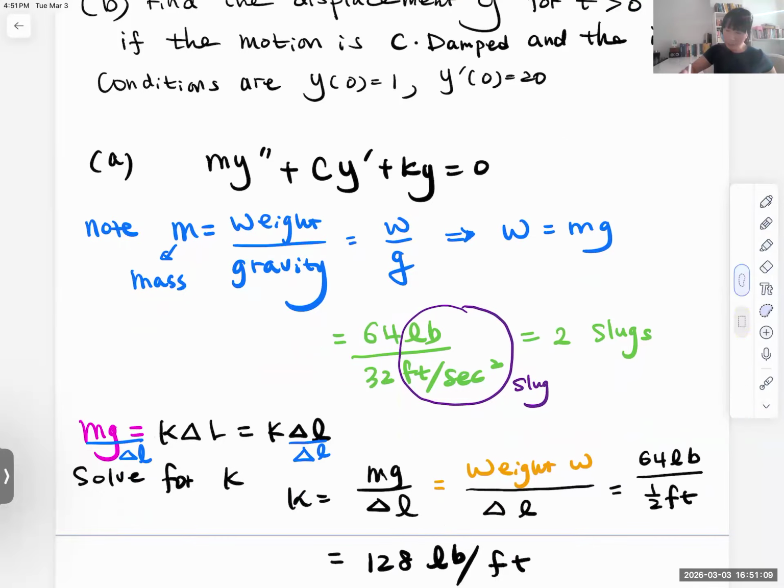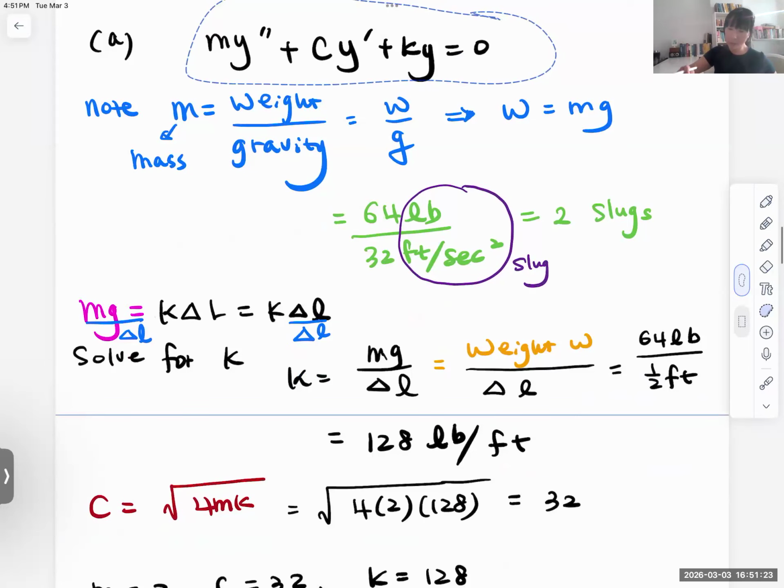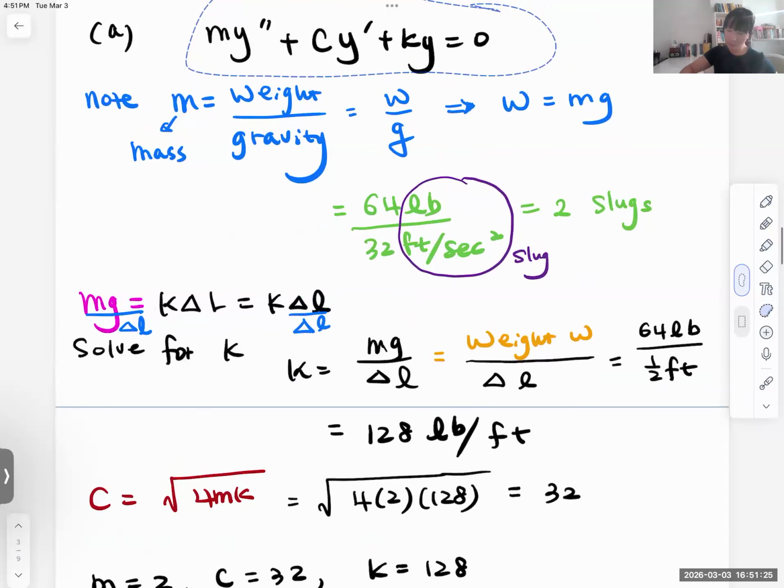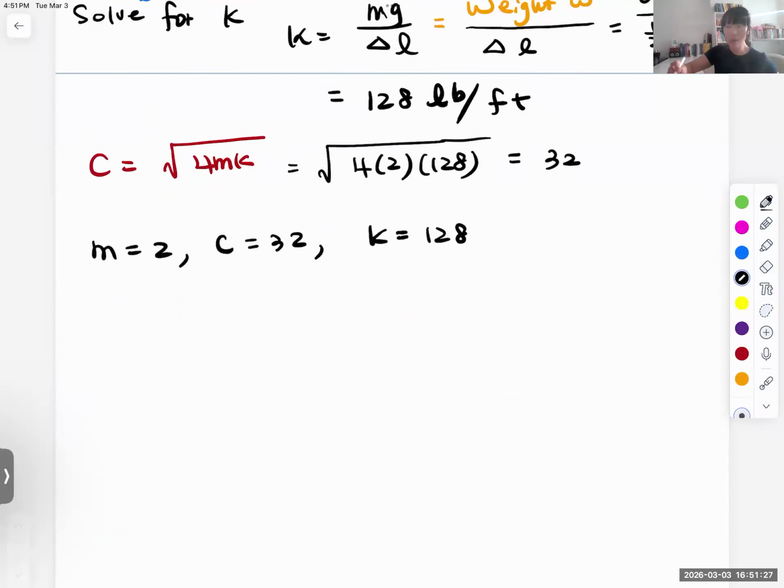So we have the formula. Let me write it down here: m y double prime plus c y prime plus k y equal to 0.